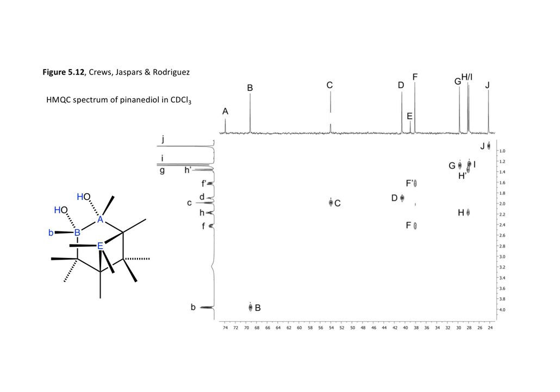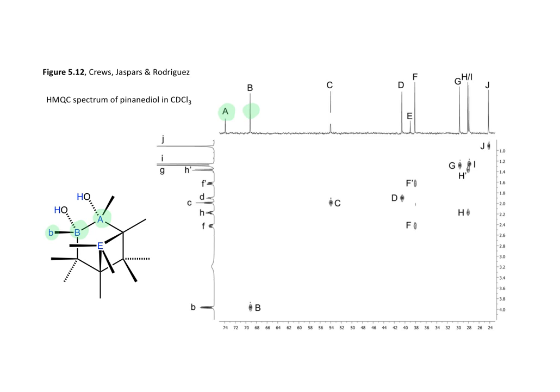So carbons A and B at about 70 parts per million correspond to carbons attached to the electronegative oxygen substituents, with A attached to no protons and B attached to a deshielded proton, lowercase b.